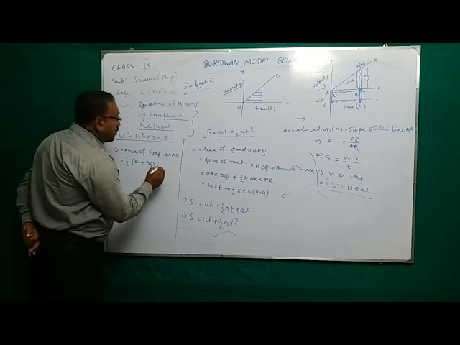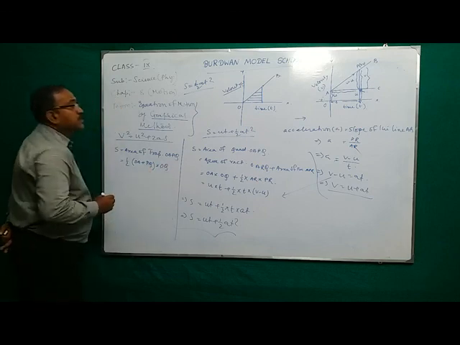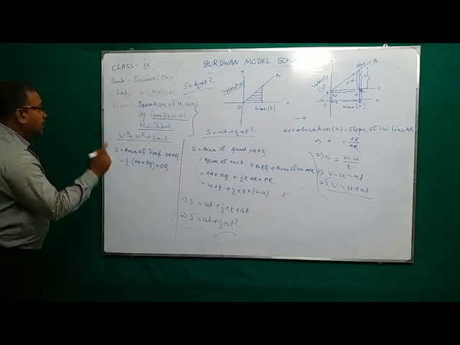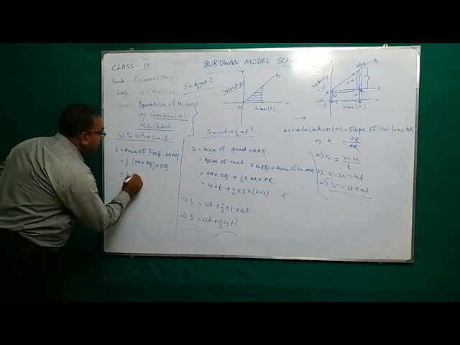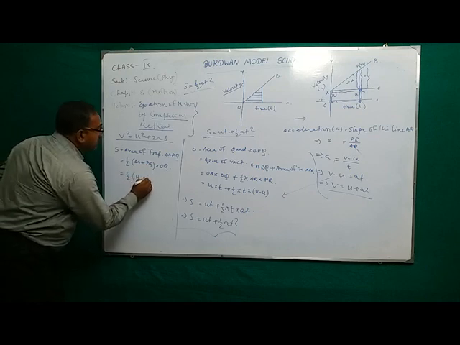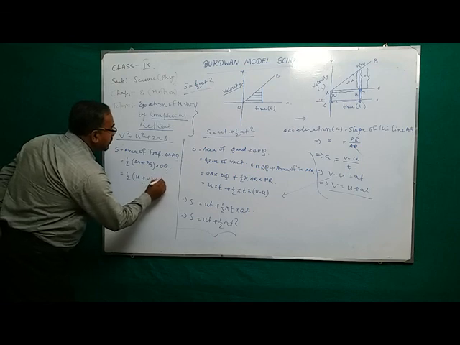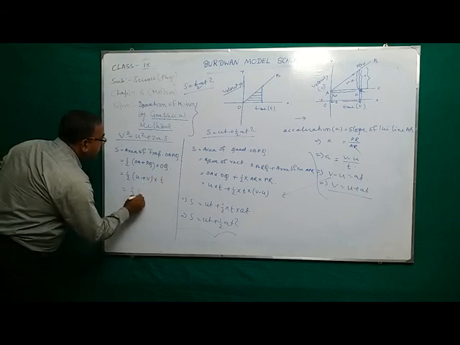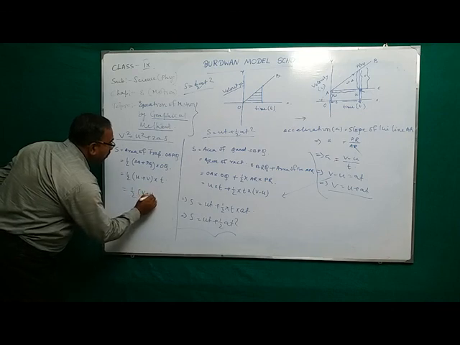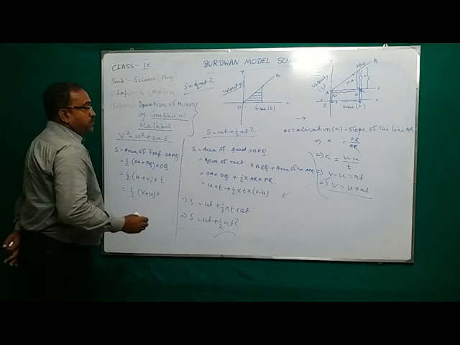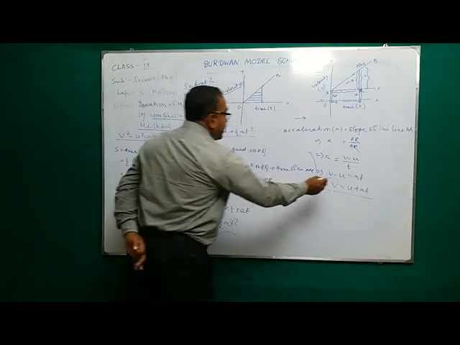That means OQ, half into OA means U, PQ means V, into T. What is the value of T?